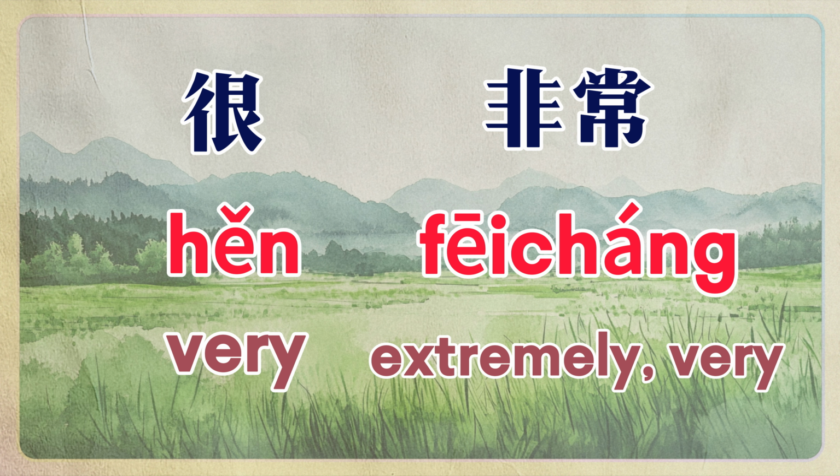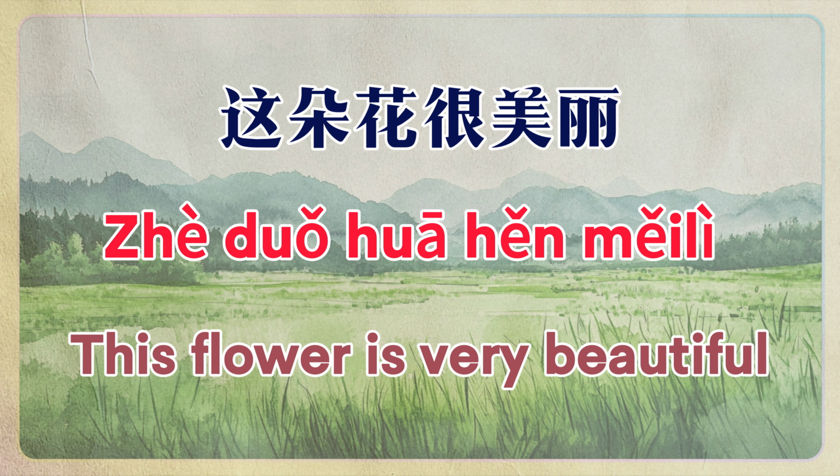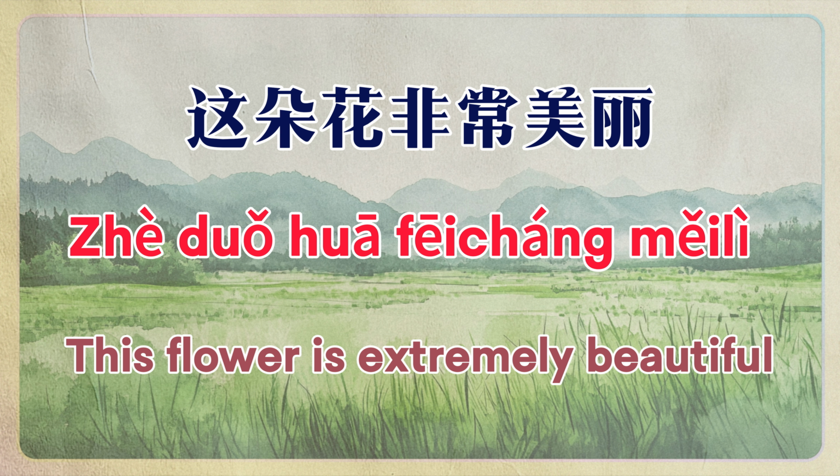Both 很 and 非常 are adverbs used to modify adjectives or other adverbs, indicating degree. For example, 这朵花很美丽。This flower is very beautiful. 这朵花非常美丽。This flower is extremely beautiful.